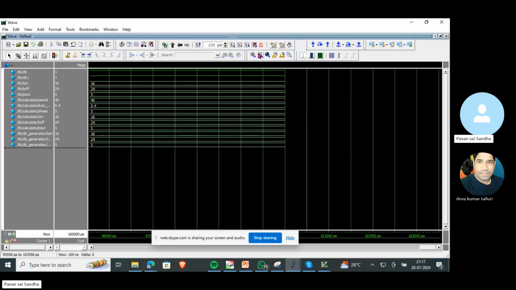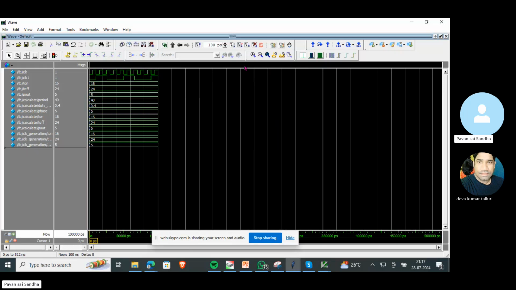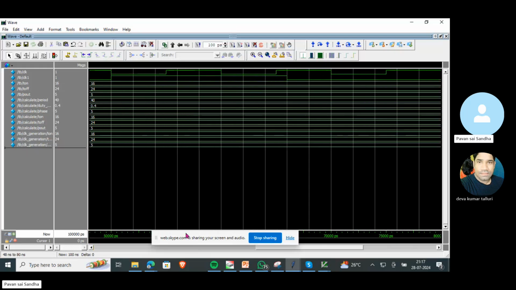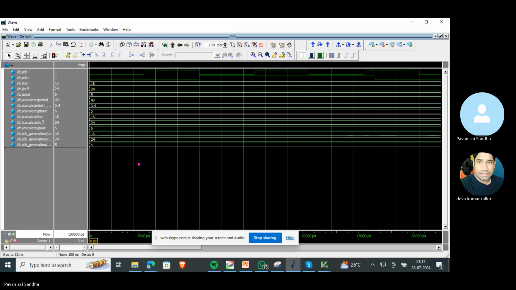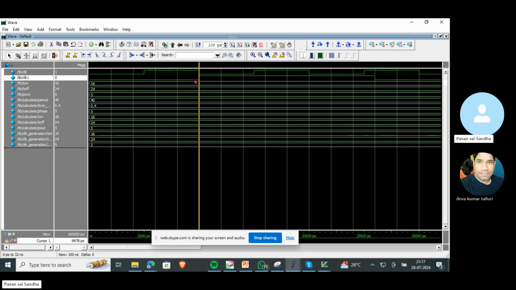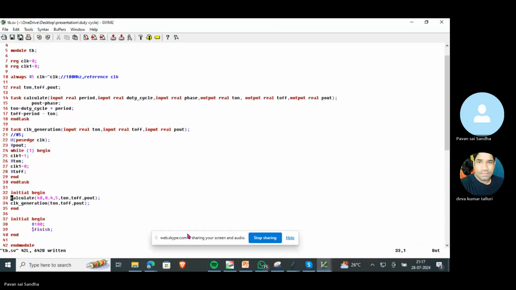Okay, I'll show how it generates a phase difference. Look, this is a reference clock, clock 1, and this is clock 2, which we are generating with the phase difference as given here. The phase difference between the two clocks is 5 nanoseconds.